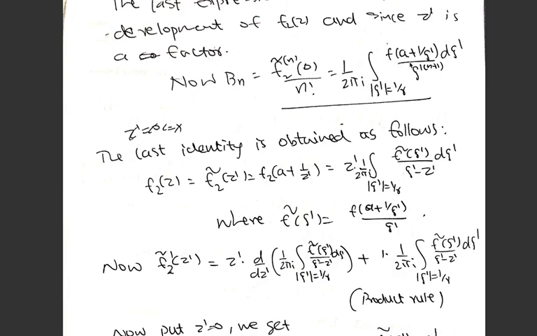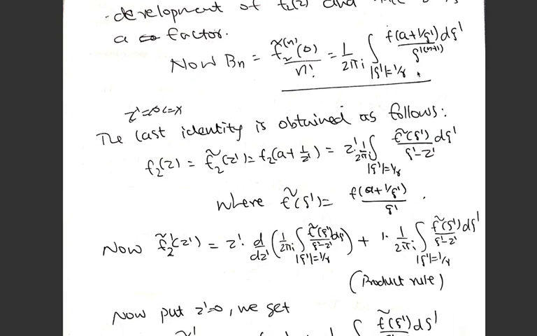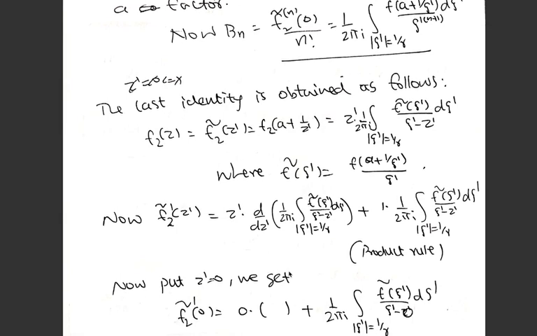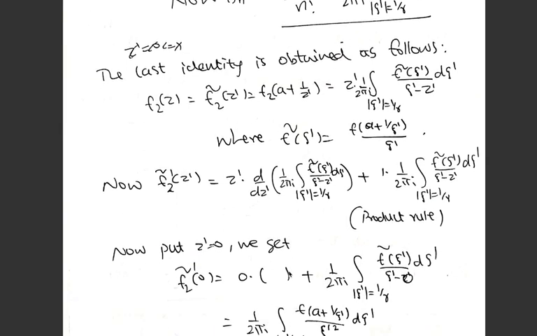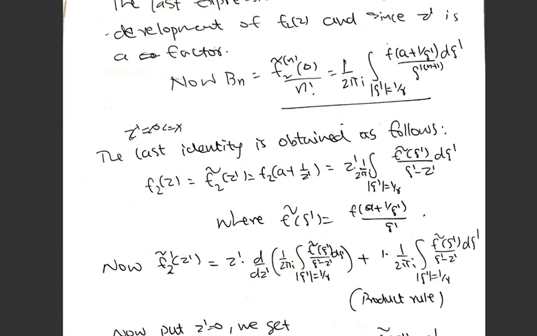Once you differentiate here, you apply the product rule, because it is a product of two functions, z prime and a function in z prime. So it will be z prime into the derivative of something plus 1 into that function itself. Now you apply z prime equal to 0 for the first derivative. Then this part will be 0, and only this part will remain. In a similar way, you repeat the process and you will obtain this expression for b_n.